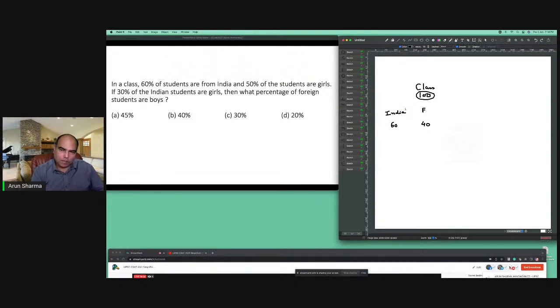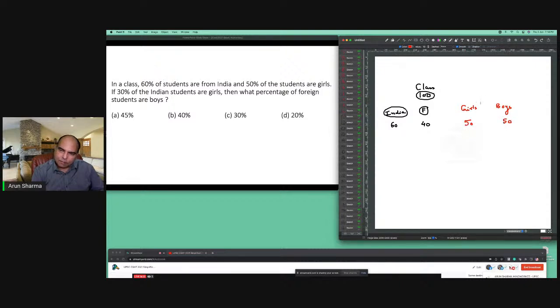Now when you are giving an India and foreign breakdown of the population, and then you are talking about 50% of the class being girls, you are giving a secondary breakdown, which is telling you girls and boys. And if there are 50 girls, there are 50 boys.